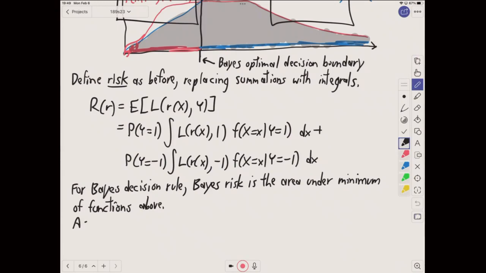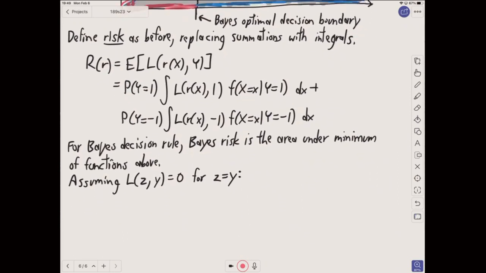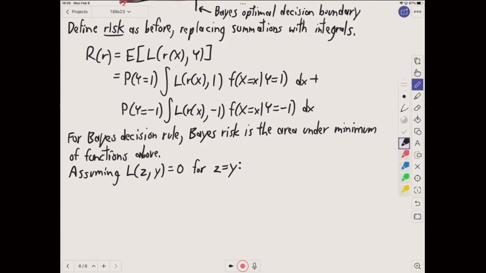And so, again, assuming that our loss function is sane, meaning that correct predictions are not punished, then the Bayes risk is going to be the integral. Well, we're going to integrate over all points x in the two PDFs.